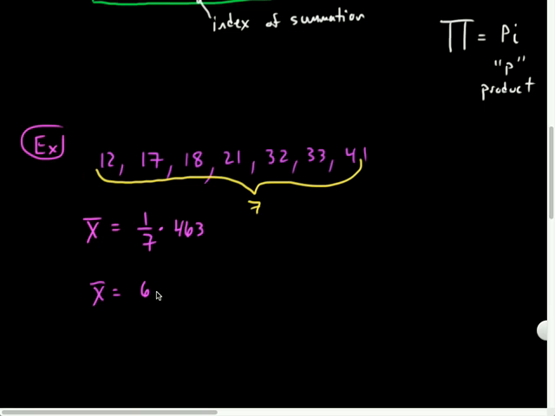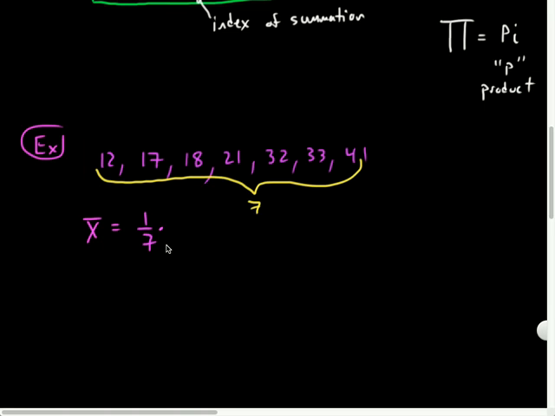No, wait a minute. That can't be right. Why would it be 66.14? Guys, what did I do? Oh, I typed 322 at some point. I was like, that doesn't work. Let's see. 12 plus 17 plus 18 plus 21 plus 32 plus 33 plus 41.